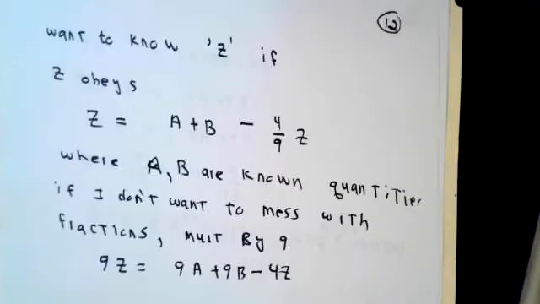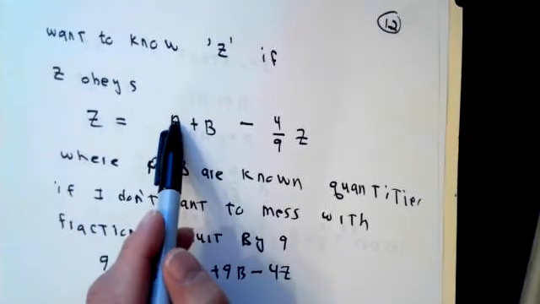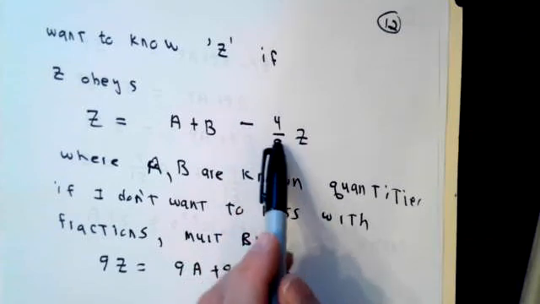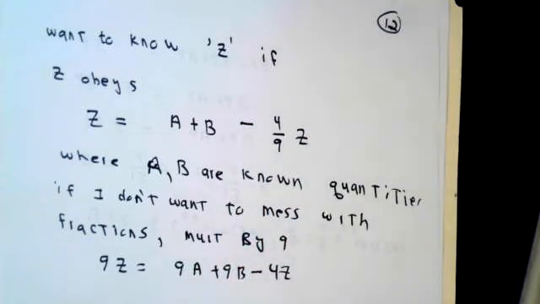In terms of the algebra, what this amounts to is I'm trying to figure out this quantity that I'm going to call z. And what we know is that z is something that we know plus something that we know minus 4/9 times z. This is a linear equation for the z.